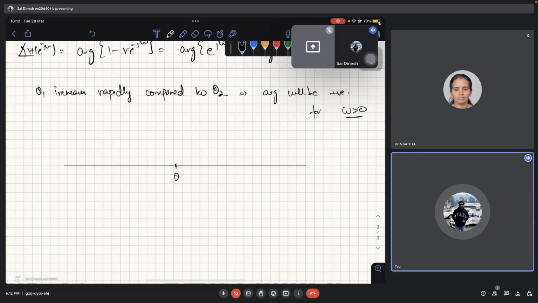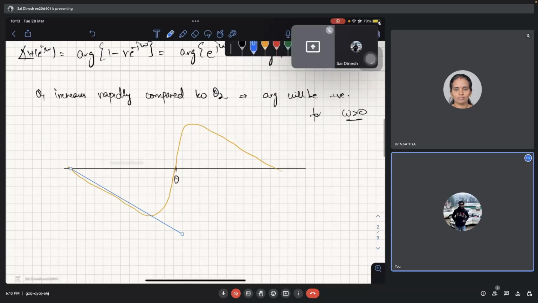So the phase diagram will be somewhat of this sort, where this is 0.